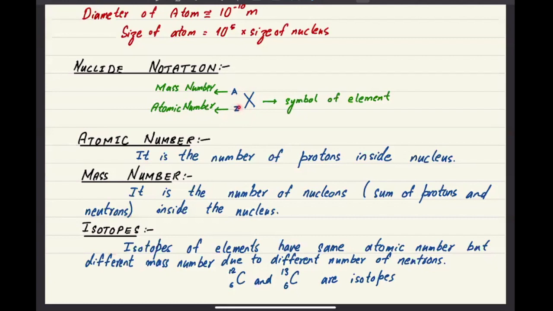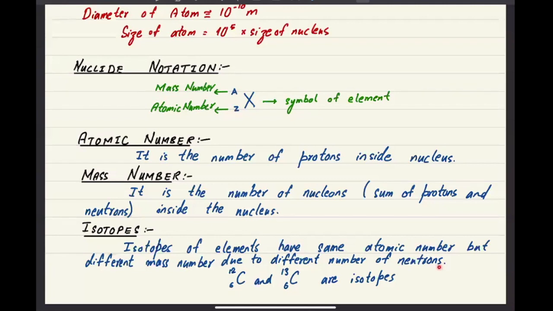Atomic number is how many protons are there in the nucleus. And the mass number is the total number of nucleons, which is the sum of protons and neutrons both. So that's how you can find out the entire composition, because you know the number of protons by atomic number, and if you do A minus Z, you will also get the number of neutrons.